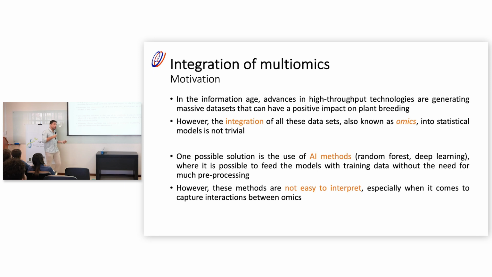One option that we have is to use AI methods, like for example random forest or deep learning models, in which you just take the data and stack it. You have markers, environmental covariates, soil covariates. You put that together in a vector and you just fit the model. Random forest, give me the predictions. Deep learning, give me the predictions.